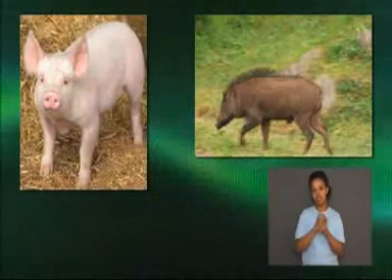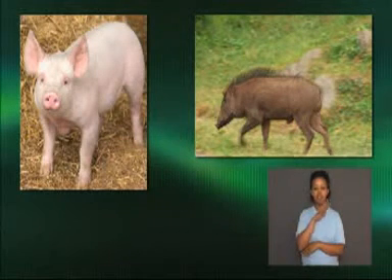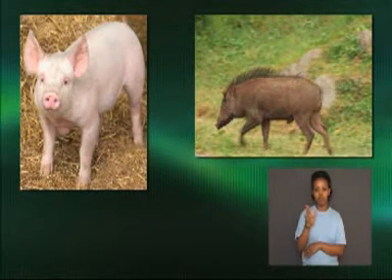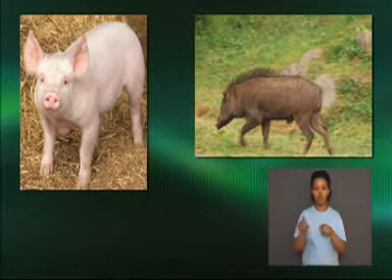Selective breeding causes evolution because, over many generations, significant changes can be seen in the organisms involved. Often, new varieties of the organism can be produced. An example of this is the wild pig or wild boar species. They have been bred to many different varieties of domestic pig.